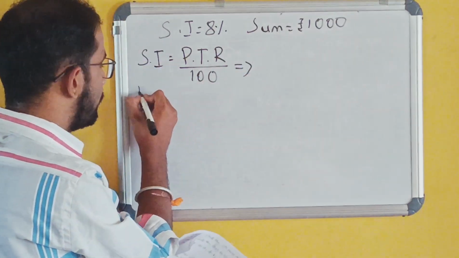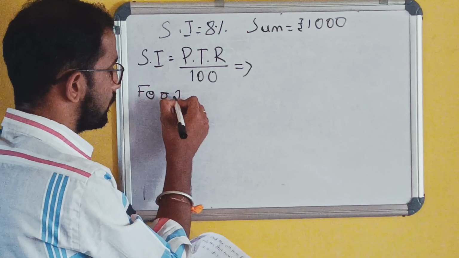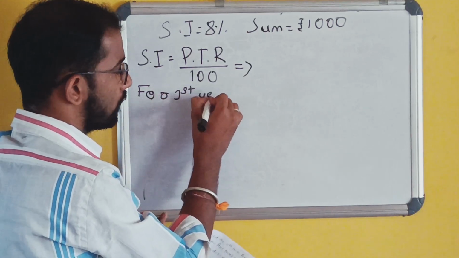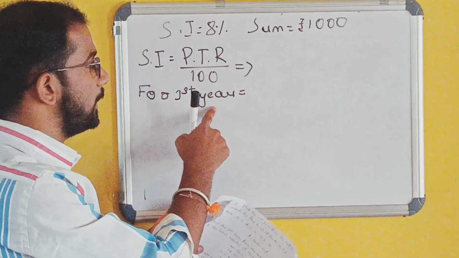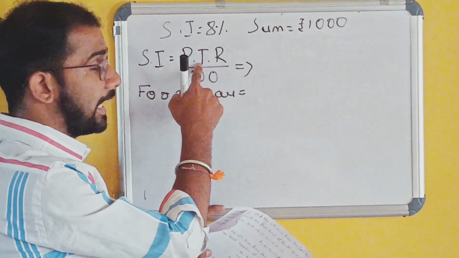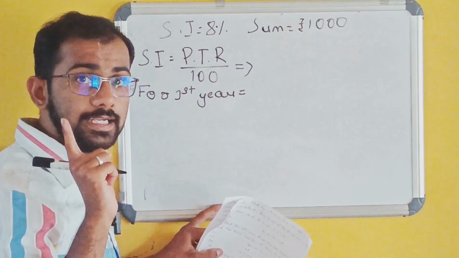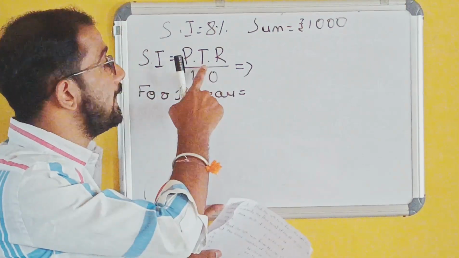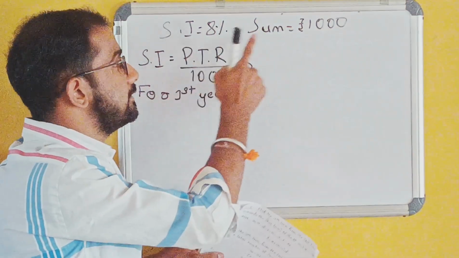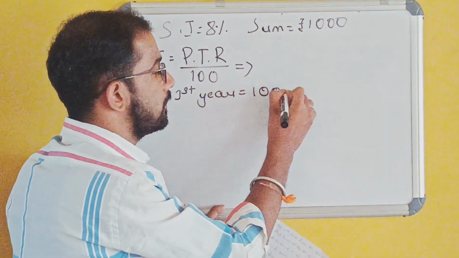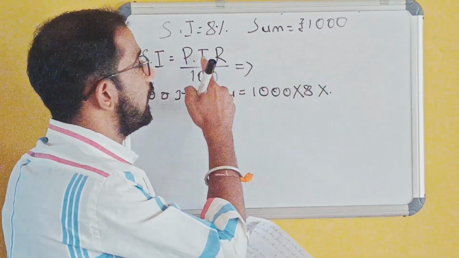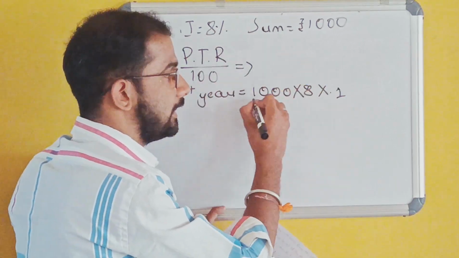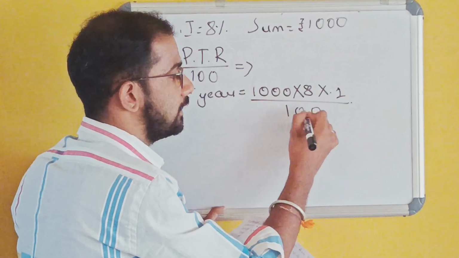Substitute. Now for the first year, the interest will be, time t is 1, and substitute P as 1000 into R as 8 into t is 1 for the first year, divided by 100.